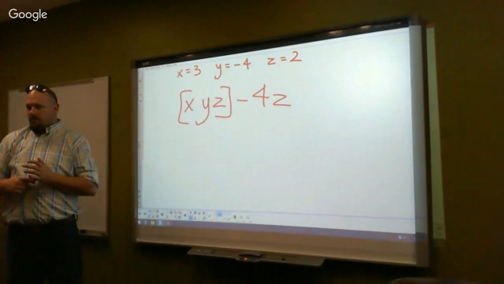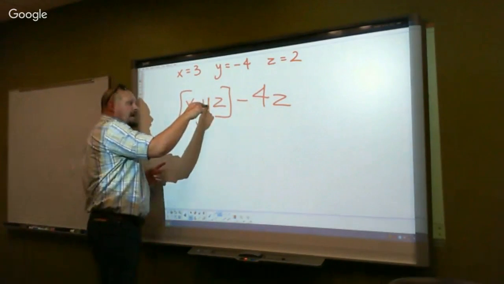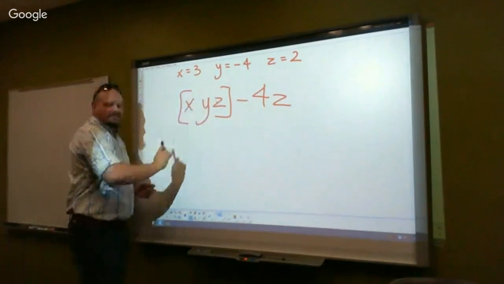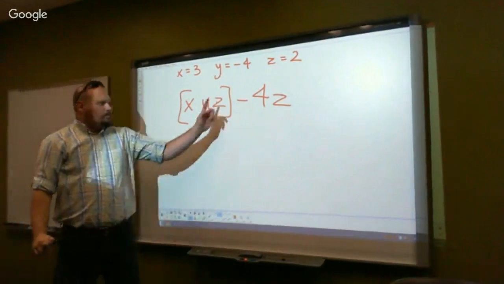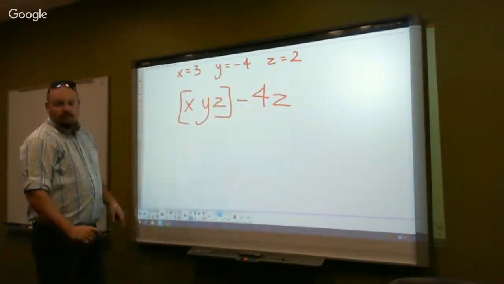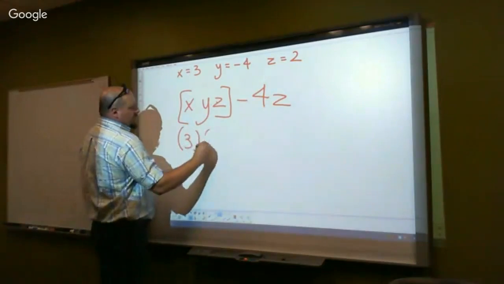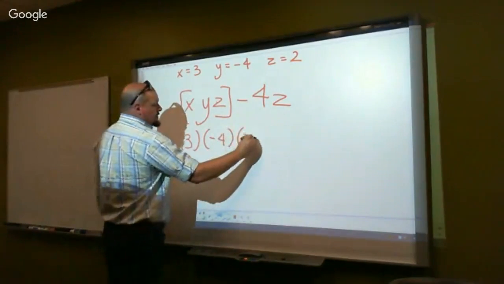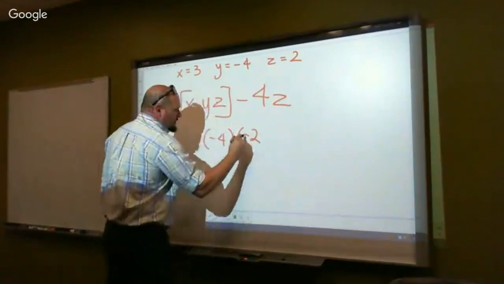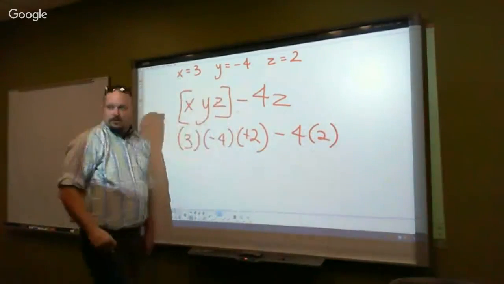It says multiply x by y and then multiply that product by z, right? And then subtract 4 times z. So we have 3 times -4 times positive 2, minus 4 times 2.